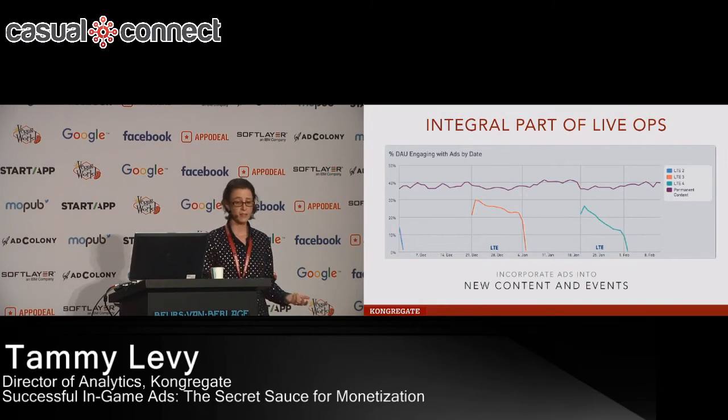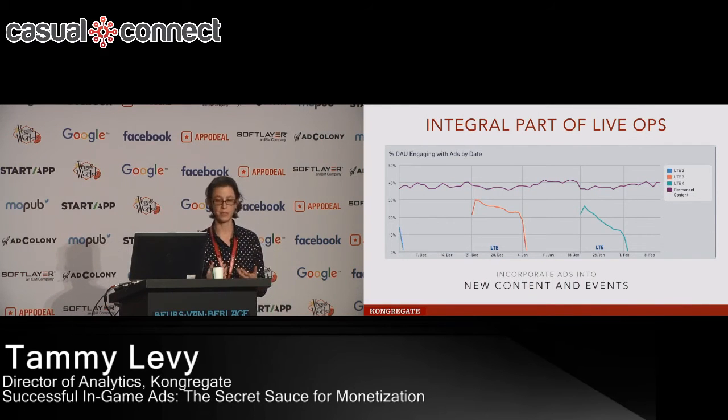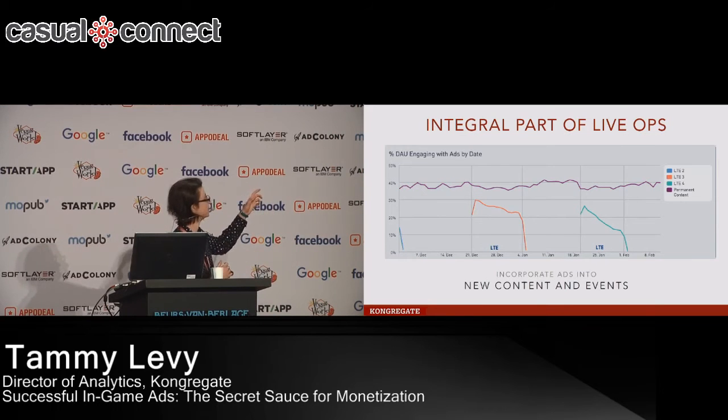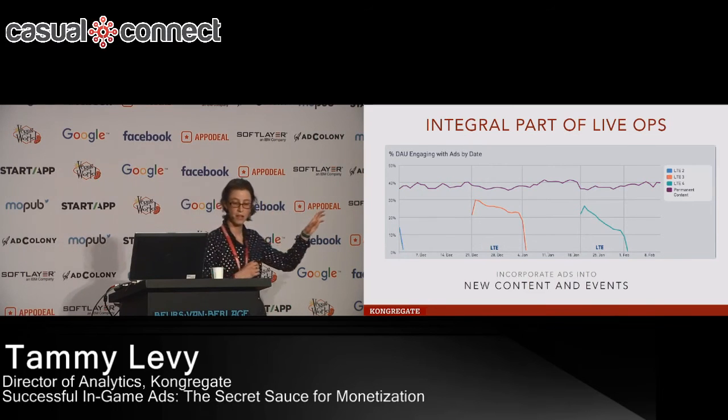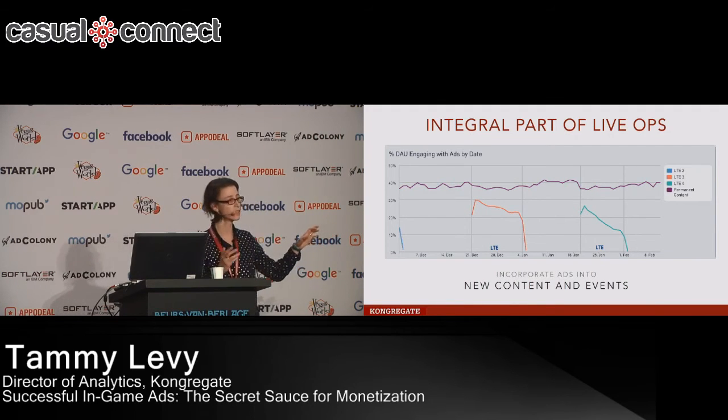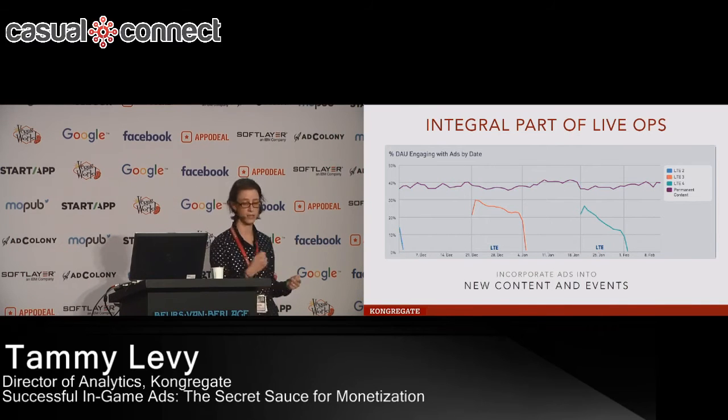And ads are also integrated into live operations of the game. This means that new content and limited time events also integrate ads. You can see on the chart that whenever we release a limited time event, we add engagement. So these events drive about 10 to 20% of players to engage with this content, ad-specific content.